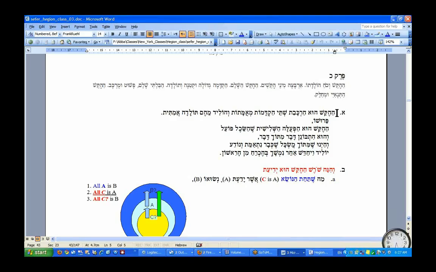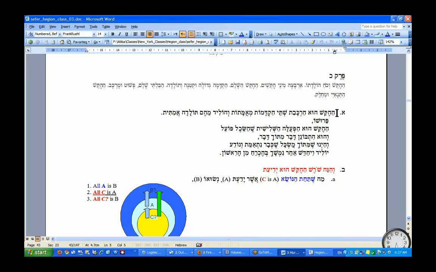So we said that not every two statements that you put together will produce a valid conclusion. Only a certain set will. And we'll get into how to build them and what sets will and what sets won't.